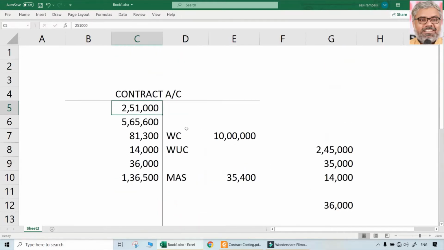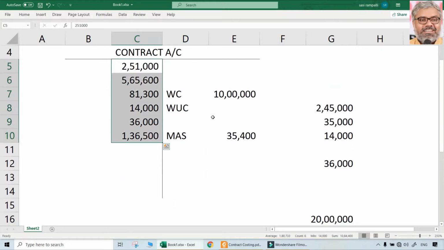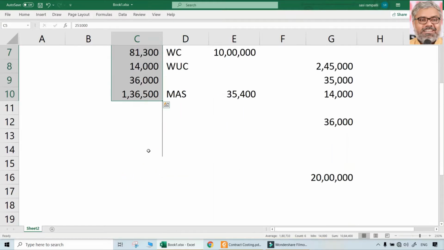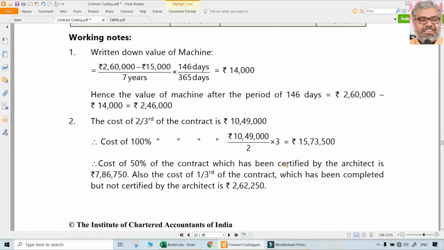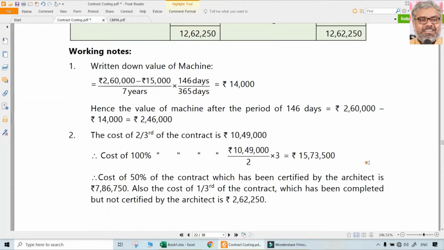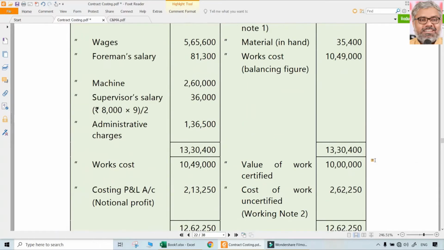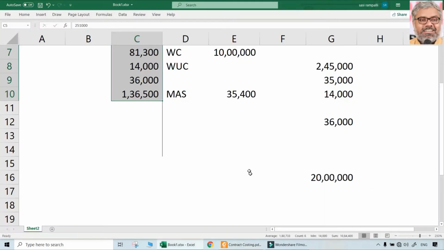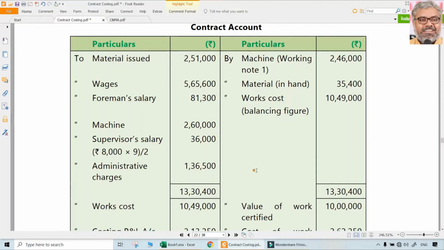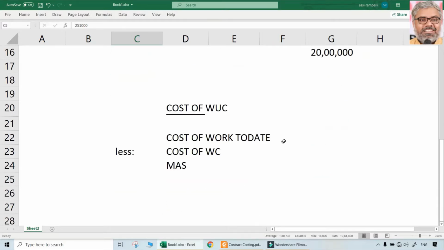So what is the cost of the work done to date? Total of the debit side, don't total it now itself, just total separately. 10 lakhs 84,400. That is the total. 10 lakh 49,000. Okay, minus this, it will come like that. Correct. 10,84,400. That is the cost of work to date.